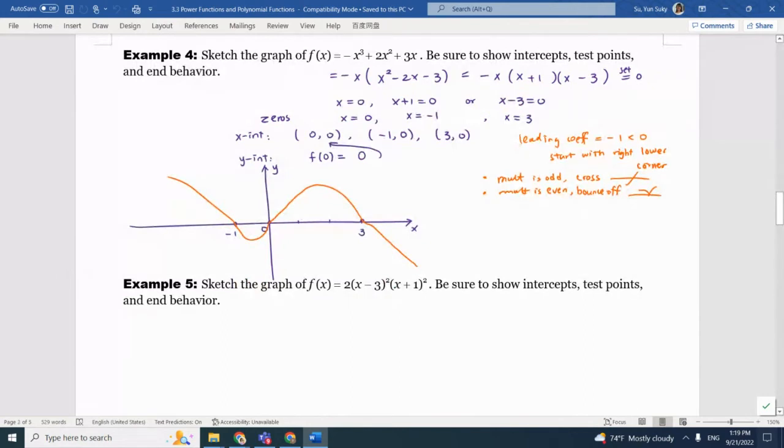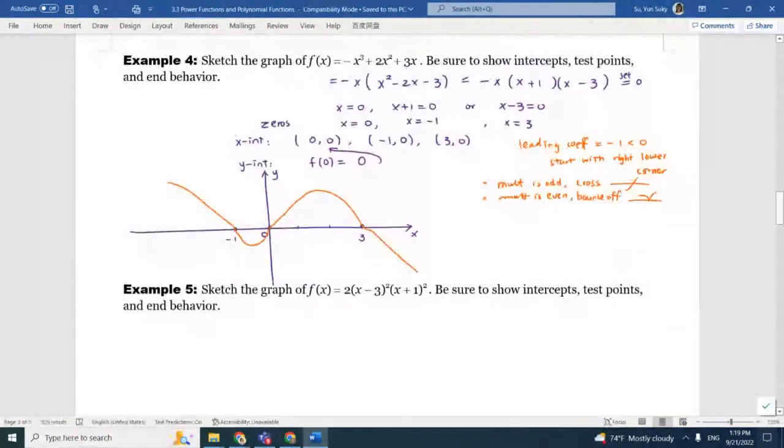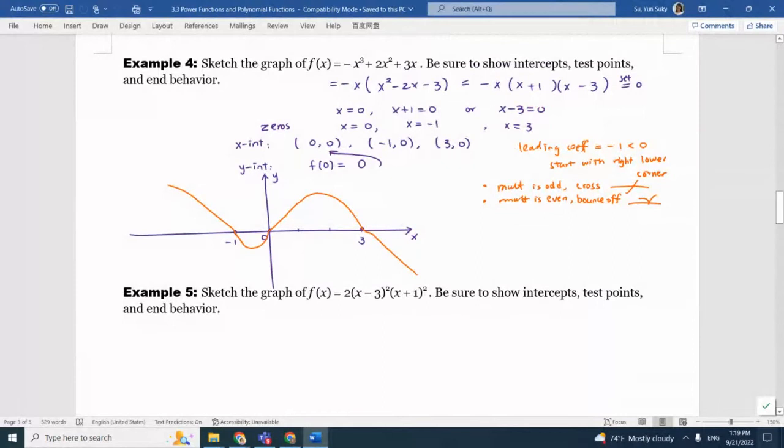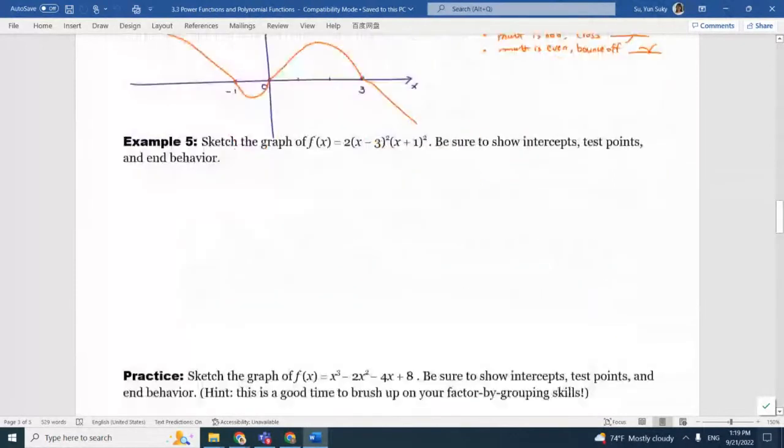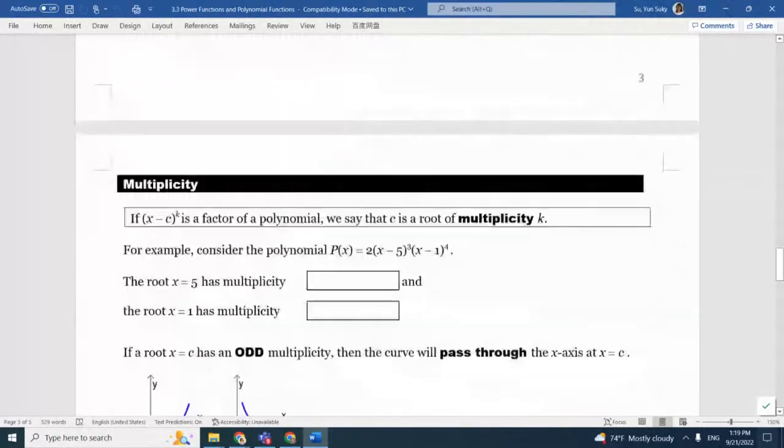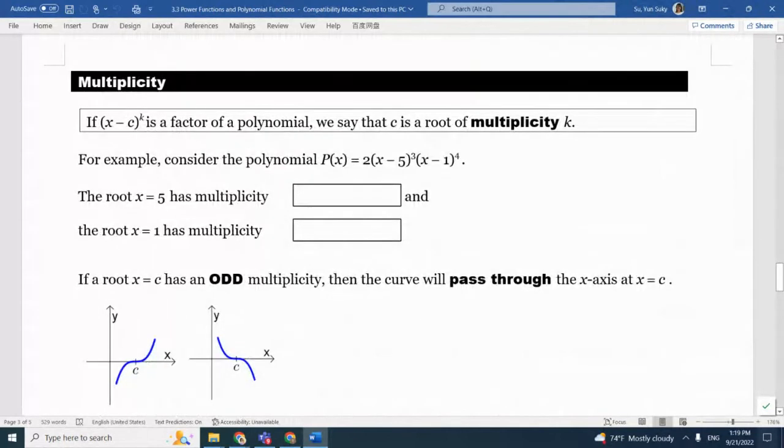Before we do examples 5 and 6, let's flip to the next page first, because on the next page we talk about multiplicity. Let's write down what we discussed before. Multiplicity is the power of the corresponding factor, right?